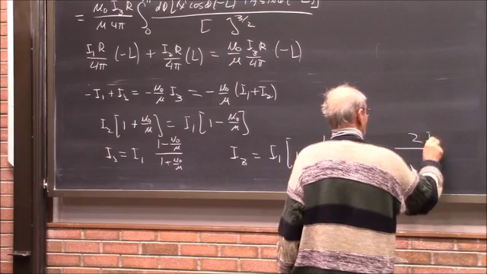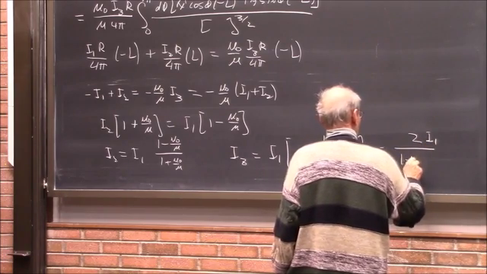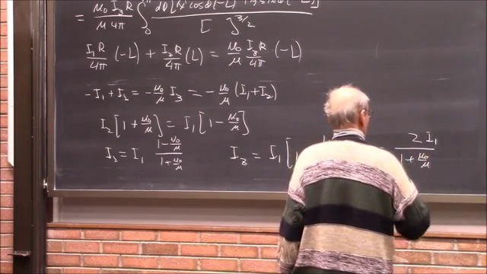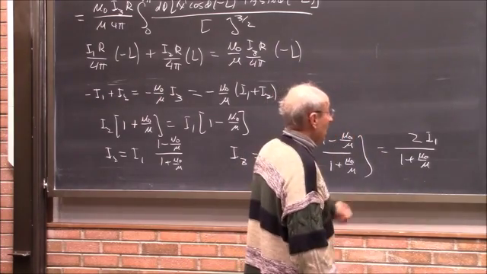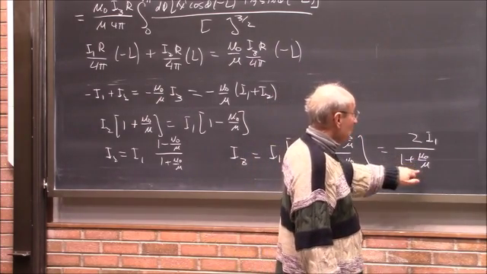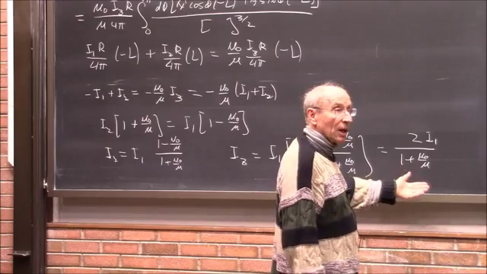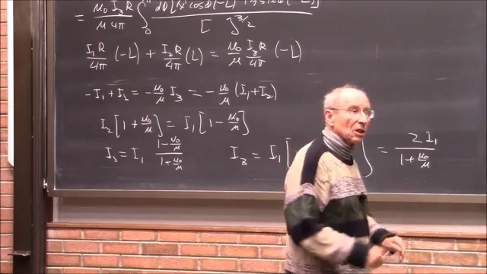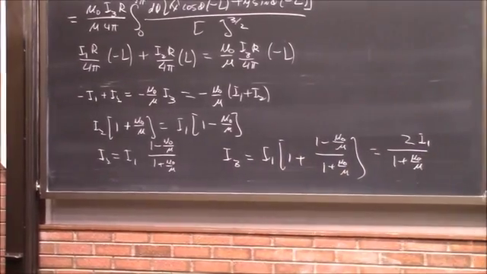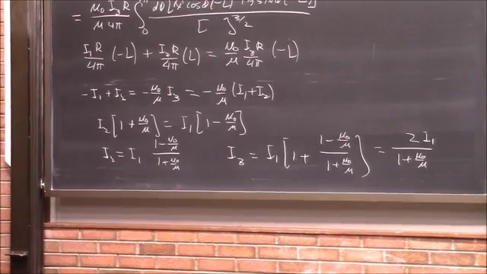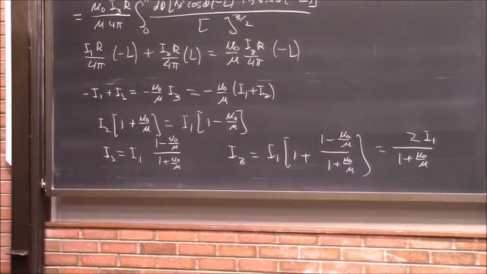Gives you 2 I1 over 1 plus mu 0 over mu. And if mu 0 over mu is 1, you get I1, so the field in the lower region is just what it would have been if there'd been nothing there. Okay with everybody? So it works out just the way it did when you had dielectrics. The arithmetic is slightly different, but the idea is exactly the same.